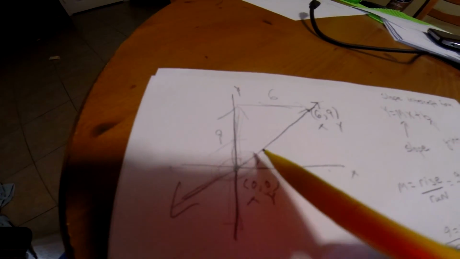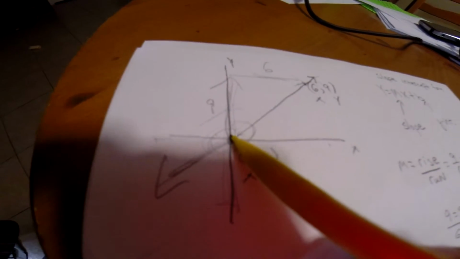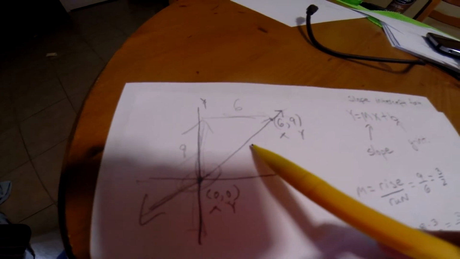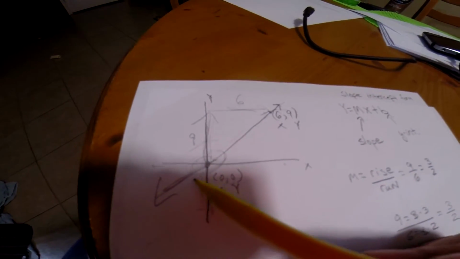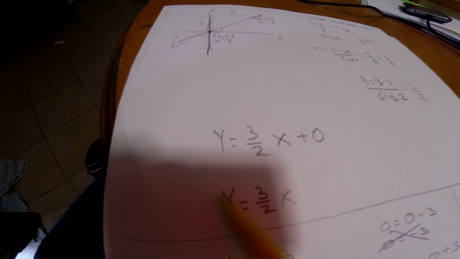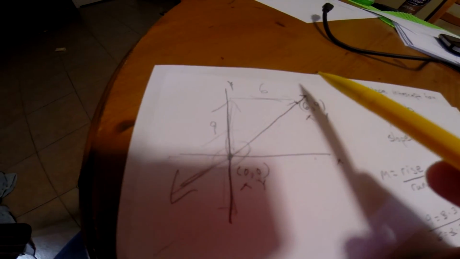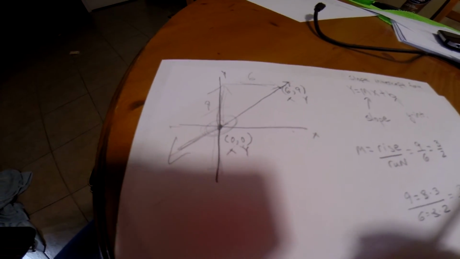The collection of all those points, whether I talk about 0, 0, 6, 9, maybe another point here would be 2, 3. The collection of all the values that satisfy this, all the x's, when I plug in x, all the y values, if I listed all those possibilities, would be this line here. And that's what an equation is.